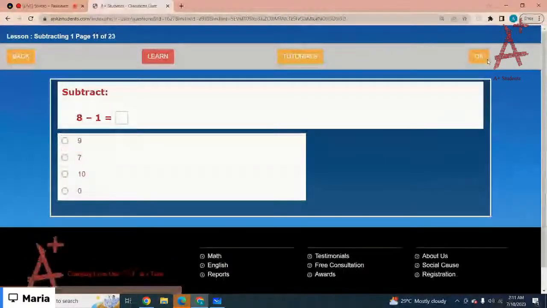The next, 8 take away 1. 8 take away 1 is 7.